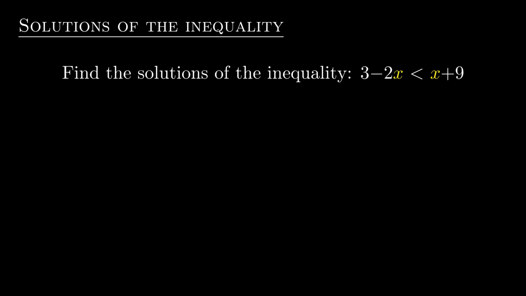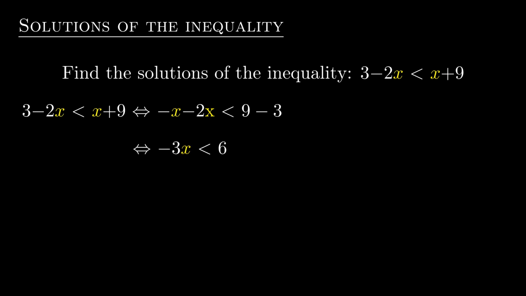So you're simply rewriting this expression by putting minus 2x and x on one side and minus 3 on the other, and you get minus 3x is smaller than 6. Then you can divide by minus 3 on both sides of the inequality, flipping the sign, and you get that x is greater than minus 2. Feel free to use whichever notation you want, the set notation or the interval notation.